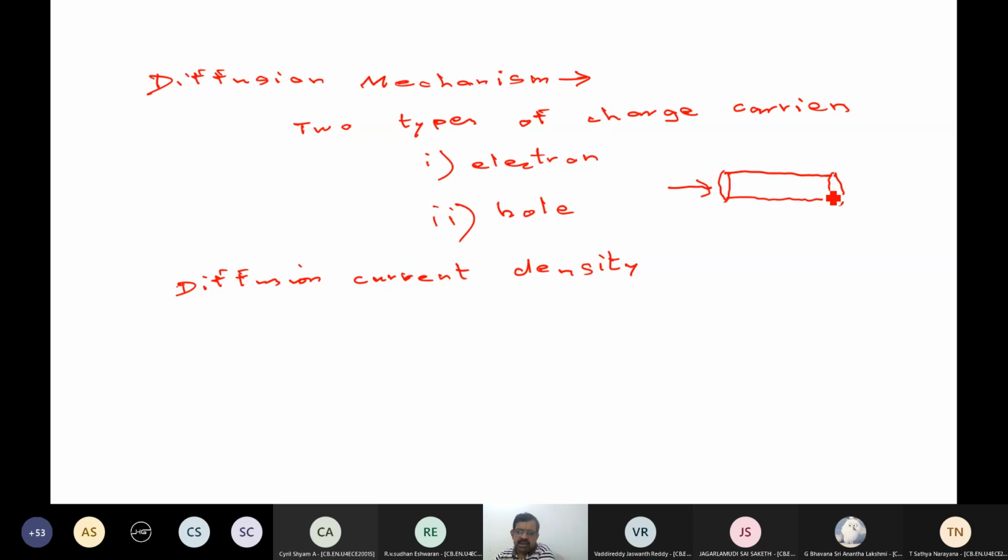I am pumping charge carriers from the left by some means, and the natural tendency for the charge carriers to move and establish equilibrium concentration drives this diffusion mechanism. After some time there will be equilibrium established and the concentration will become the same. This is my area of cross section of this wire.